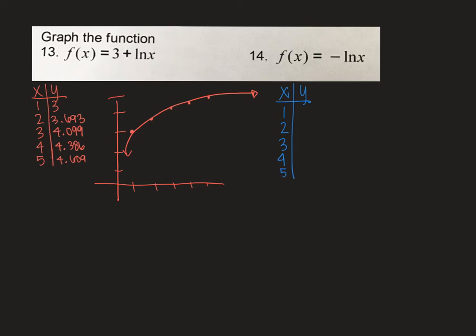So when I plug in 1, I'm going to get 0. When I plug in 2, I'm going to get -0.693. When I plug in 3, I'm going to get -1.099. 4 is going to give me -1.386. And 5 is going to give me -1.609.